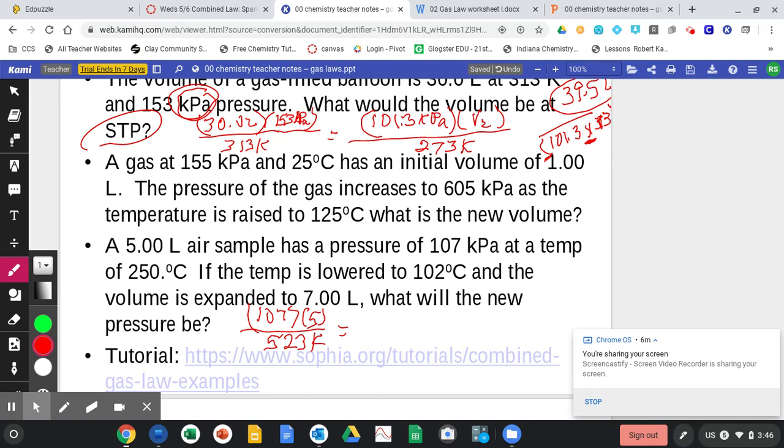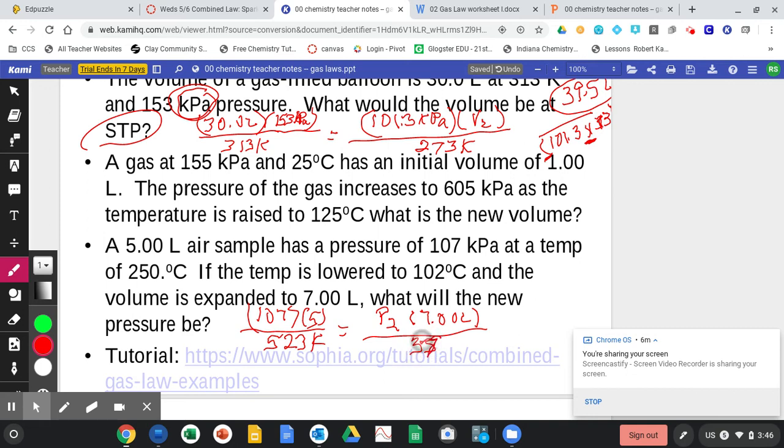And I want to know what the new pressure will be if I have a new volume of 7 liters and at 102 degrees Celsius, which would be 375 Kelvin.